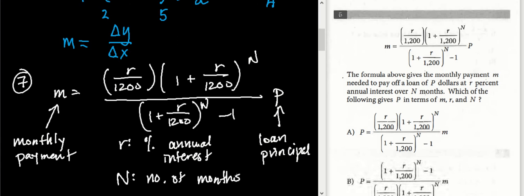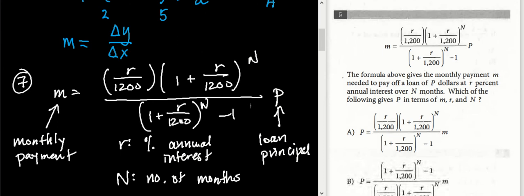Our interest is given annually, but we're making our payments monthly. And this whole equation is basically telling us what the value of our monthly payment should be to pay off that loan within N months.